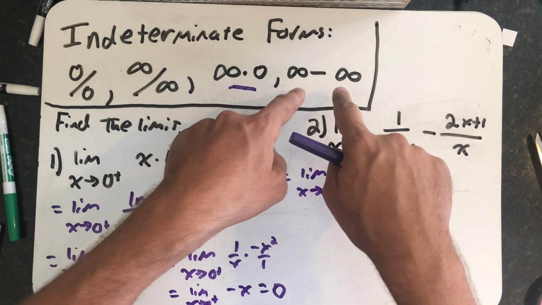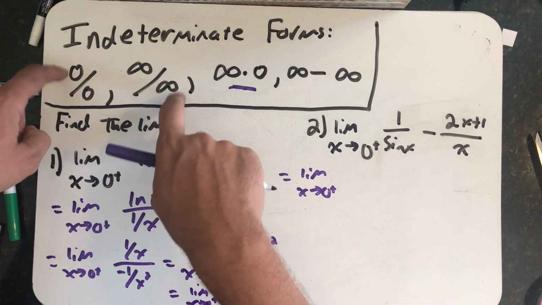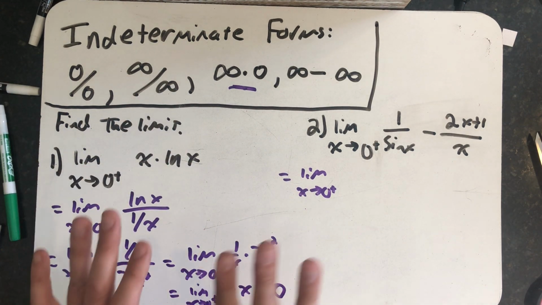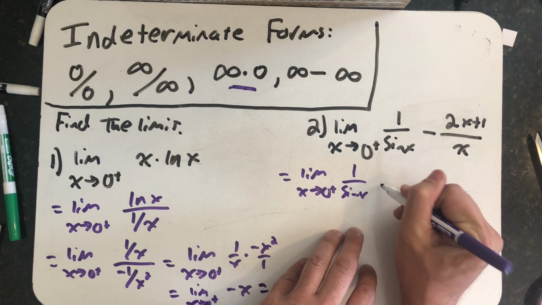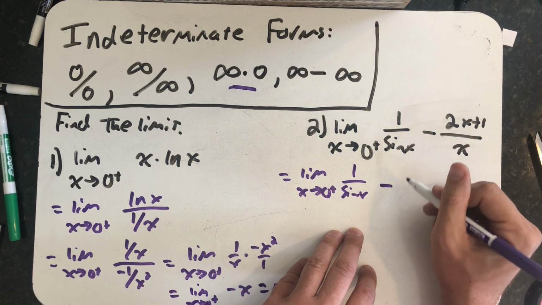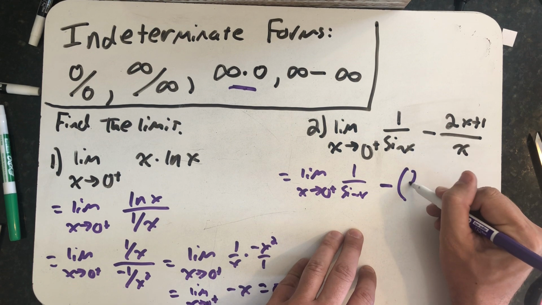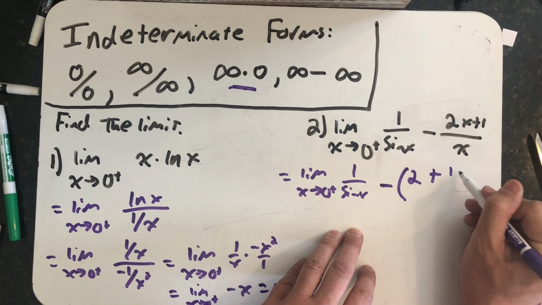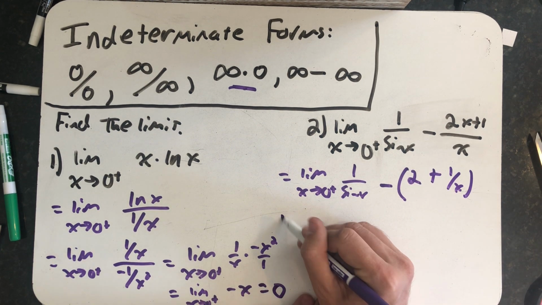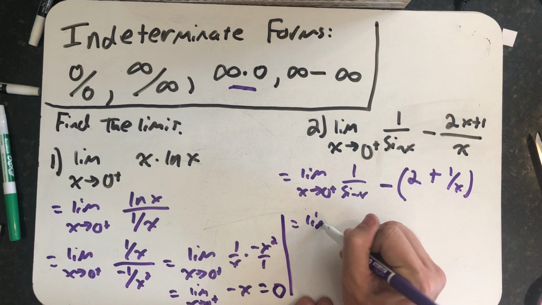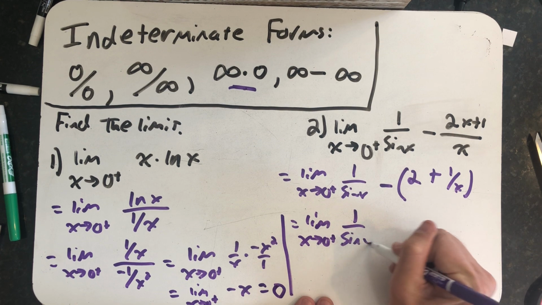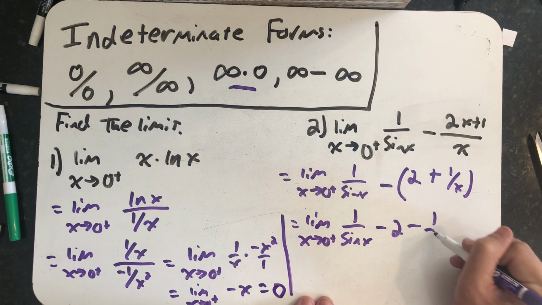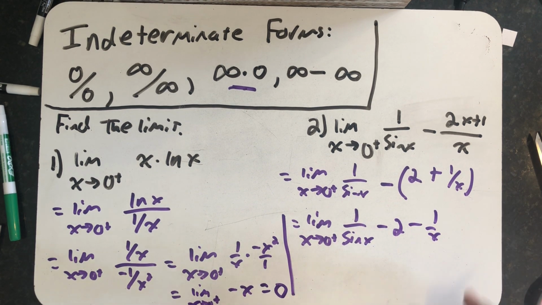And again, my goal is to turn one of these into one of the indeterminate forms that L'Hopital's directly applies to. So 1 over sine x minus, well, let's just go on and split this fraction up, do the division, maybe make it look a little easier. Okay, so now I have 3 terms to deal with.